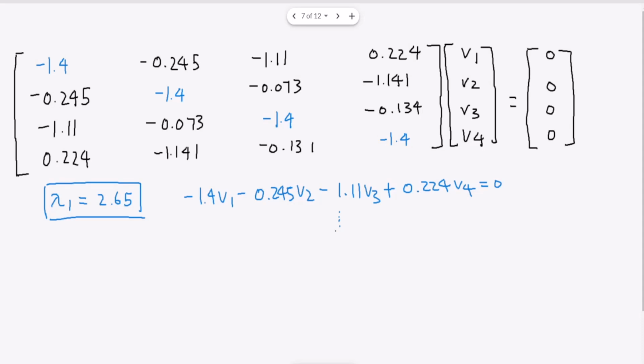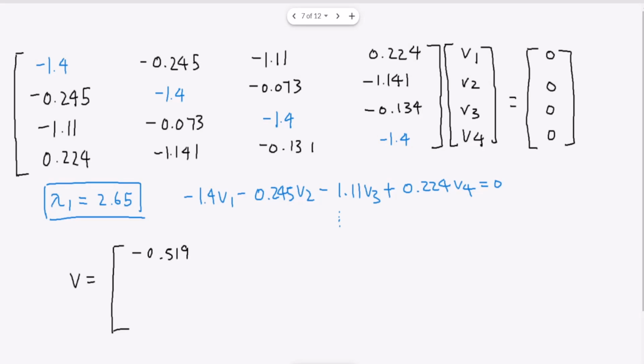There are many different ways. You can use Gaussian elimination, you can use Cramer's rule, and you can use Wolfram or whatever to help you. When I computed the eigenvector corresponding to the eigenvalue of 2.65 using Wolfram, I got negative 0.519.